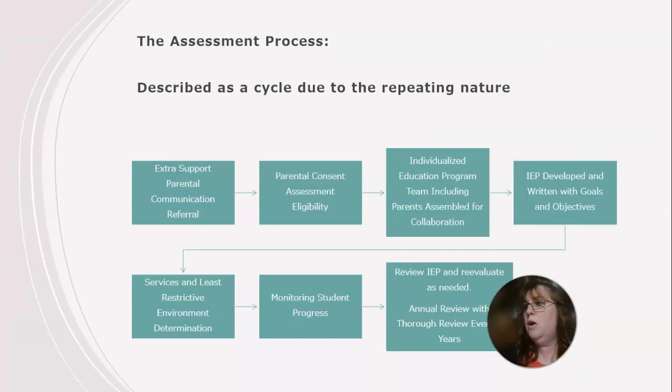For the next part, it's: why is the assessment process described as a cycle, and what are the components of the special education assessment process? So for the first question, why is it referred to as a cycle? It's referred to as a cycle because it rotates.